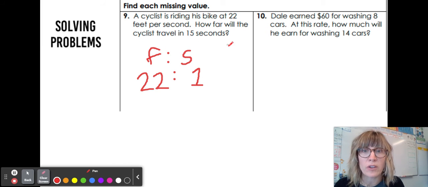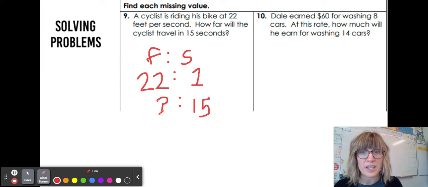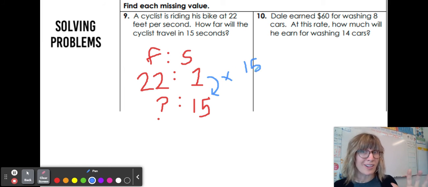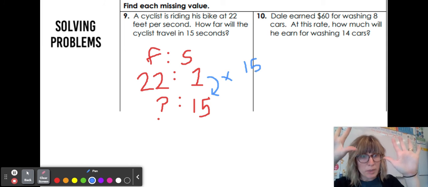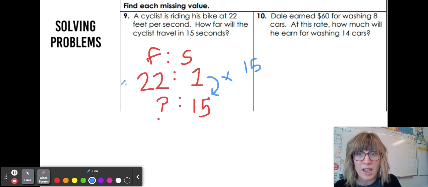How far will the cyclist travel then in 15 seconds? Well, seconds is on this side of our ratio here, our rate. So this is then our mystery. What did we do to this 1 to turn it into a 15? Well, we multiplied it essentially by 15. It's legal to do so long as whatever you do to one side, you keep it proportional and do the same to the other.